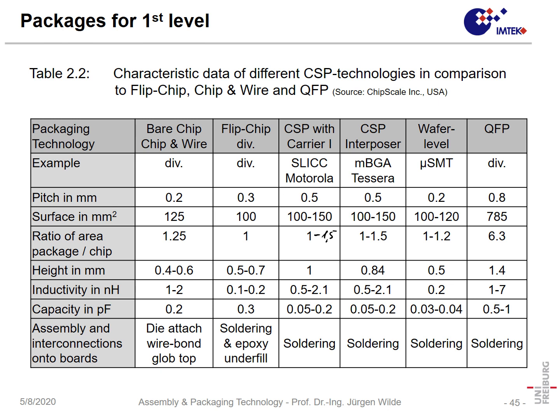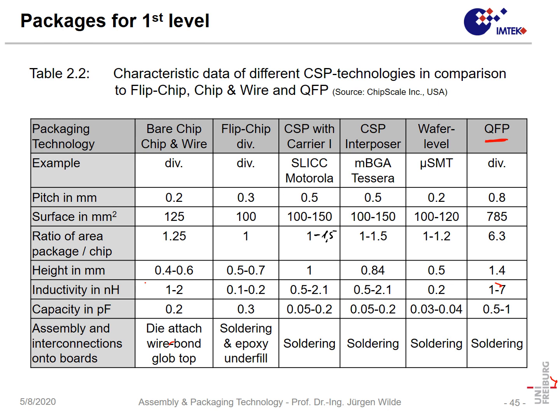Okay, now let's have a look back. When we look at the development, let's start with quad flat pack. As we saw it, we have a pitch of 0.8 millimeter. On the other hand, if we would just put the chip on the printed wiring board and wire bond it, it is called chip and wire. We have a pitch of roughly 0.2 millimeter.